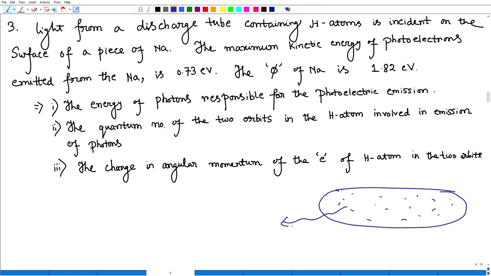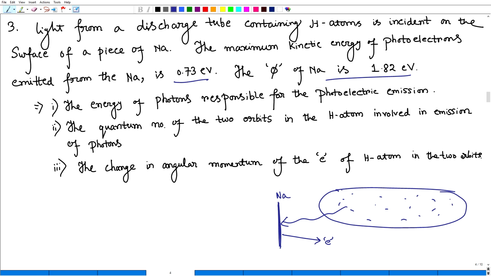A light is coming out and it's incident on a sodium metal, and due to the collision of the photon with the sodium metal, the electrons are emitted, that means the photoelectric effect is happening, okay, and the kinetic energy of that electron is given, that is 0.73 electron volt. The work function of the sodium is also given, 1.82 electron volt.